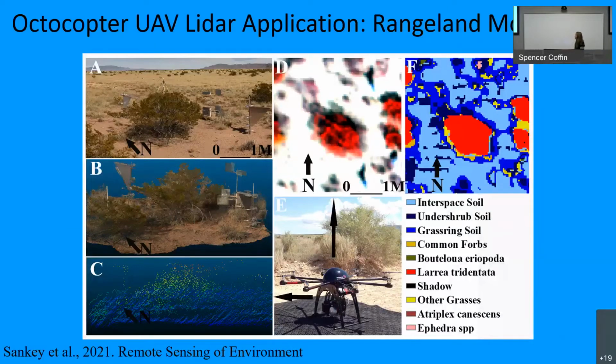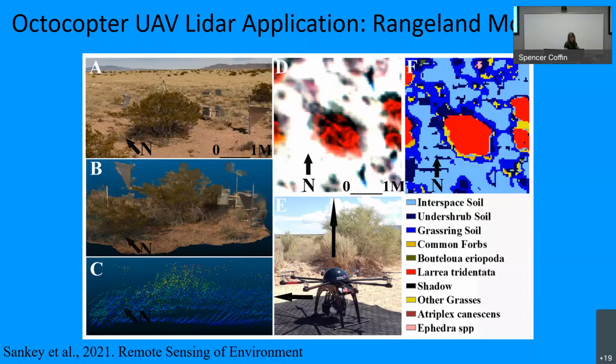Okay, in a very different example, here I show a rangeland monitoring example from the UAV octocopter data as well as the hyperspectral data. So up here in panel A, I show a rangeland monitoring plot with a whole bunch of different instrumentation. In the middle panel, panel B, I am showing an example of terrestrial LiDAR data of the same plot and the same creosote bush, overlaid with the true color image from the top panel.